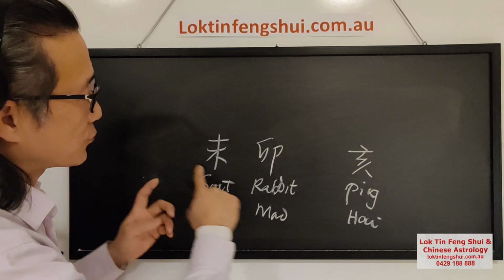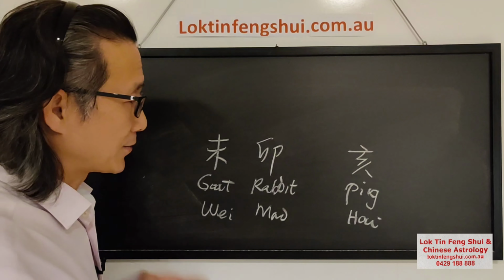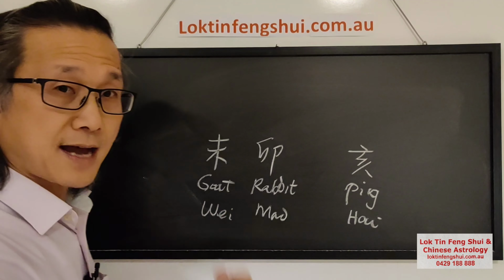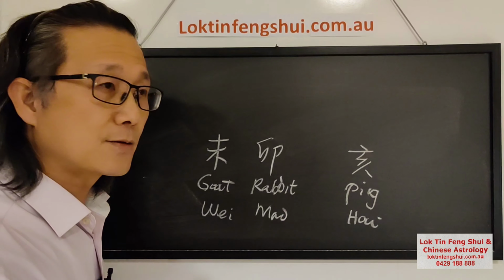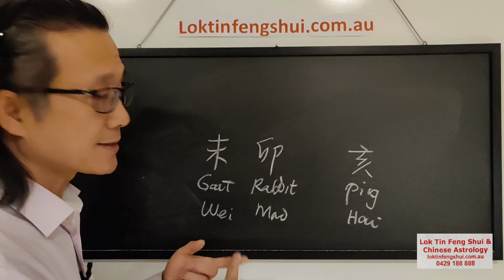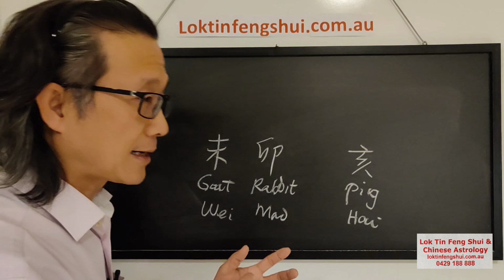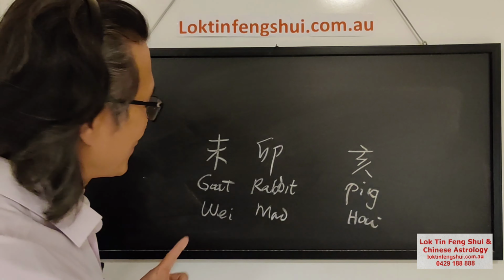Okay, so this is a triple harmony combination. It's the same for fire: tiger, horse, and dog; water is the monkey, rat, and dragon; and the metal frame is the snake, rooster, and ox. So go back to videos 4 and 5 to have a look.